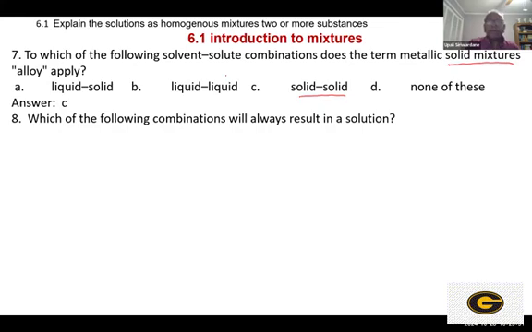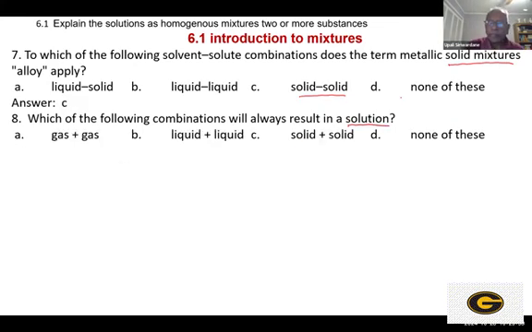Which of the following combinations will always result in a solution, a homogeneous mixture? A gas is a combination where any combination of gas would still have the gas form, so a homogeneous mixture of gas always results in a solution.